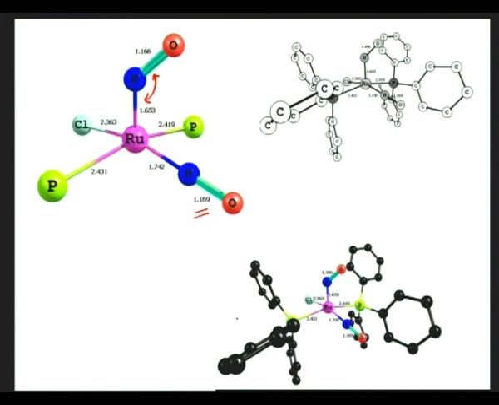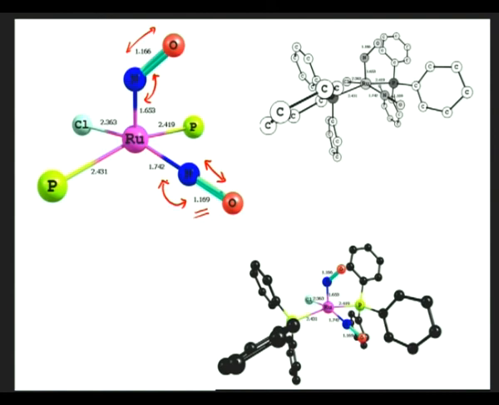In fact, the bond distances that you observe here between the nitrogen and oxygen are very similar in the bent NO and the linear NO. So, you cannot distinguish the bent NO and the linear NO on the basis of the bond distance between nitrogen and oxygen, but distinctly the MNO angle is very clear. One of them is 180 degrees, and the other one is 120 degrees, and the stretching frequency difference is also unmistakable.